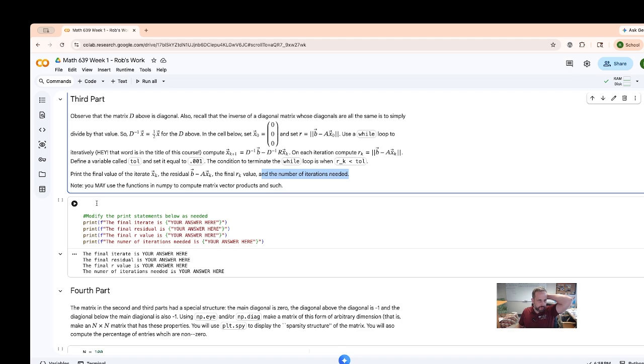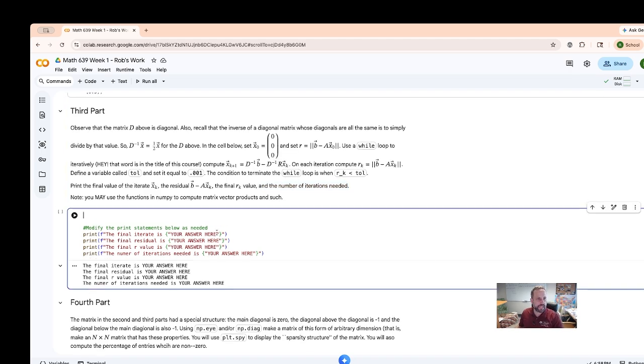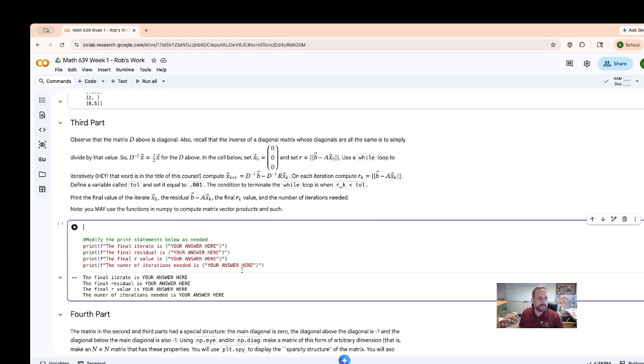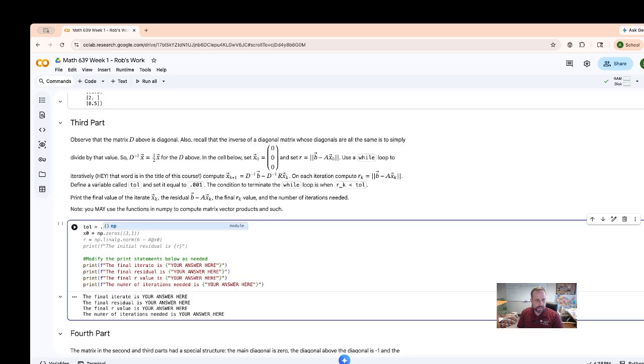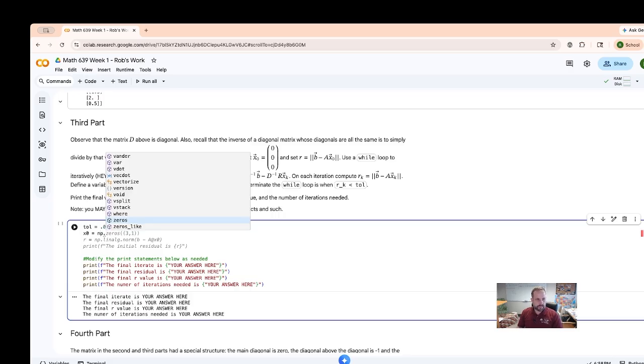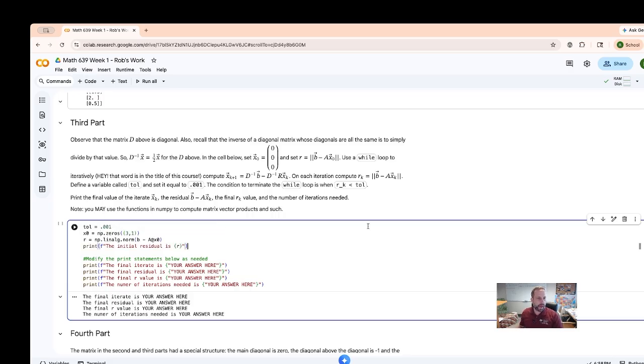Okay, so here's what we're going to have here. Let's just get the thing set up. D is already the matrix that we have up there. So I'm going to say that tolerance is equal to 0.001. The x naught is going to be equal to np.zeros 3 by 1.